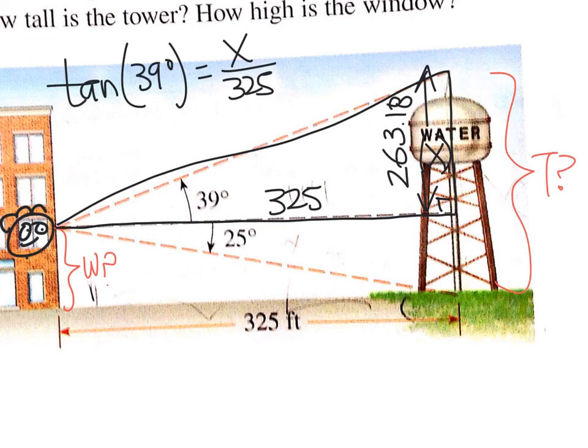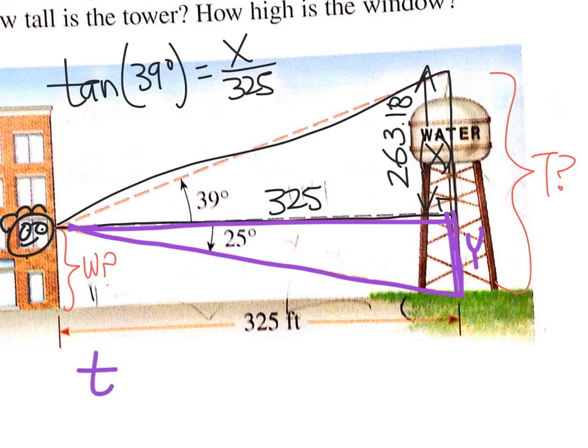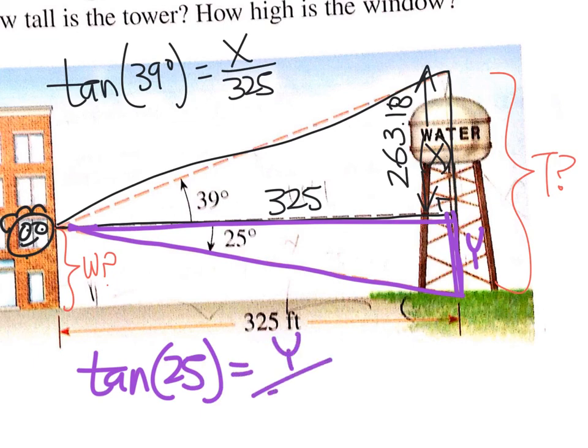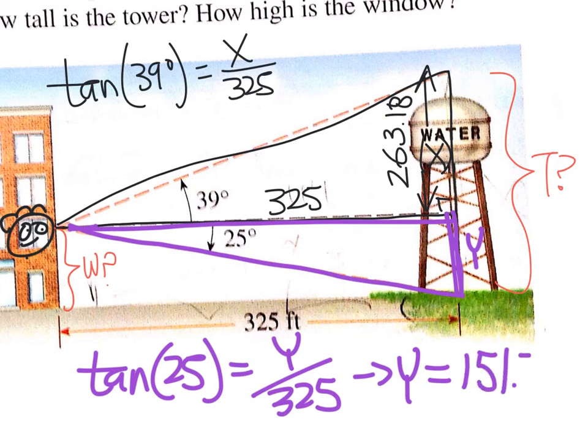In solving for this, the opposite side of this bottom triangle, call this y, we could say that the tangent of 25 degrees is opposite over adjacent, and we would get that y is 151.55.